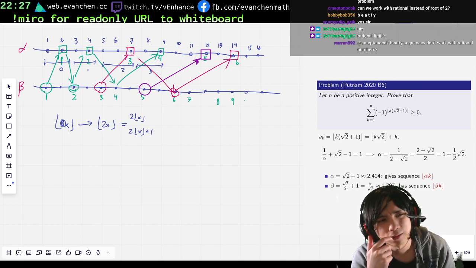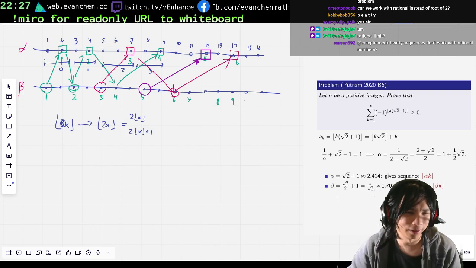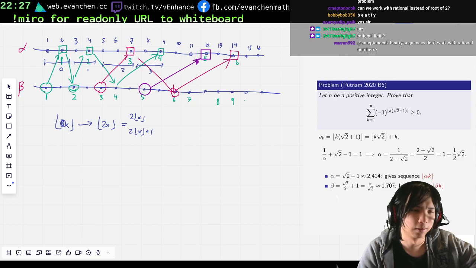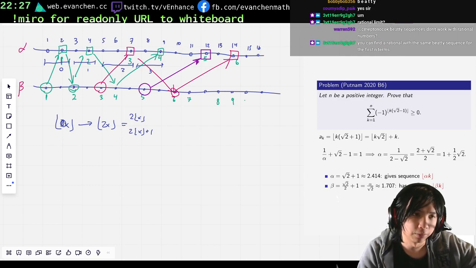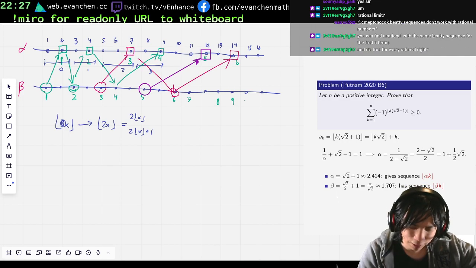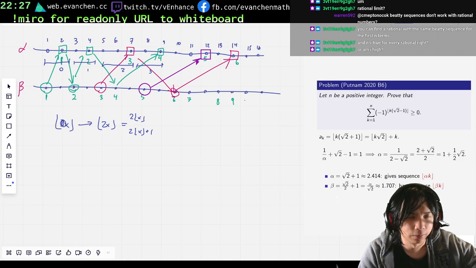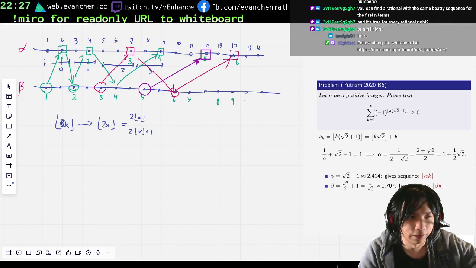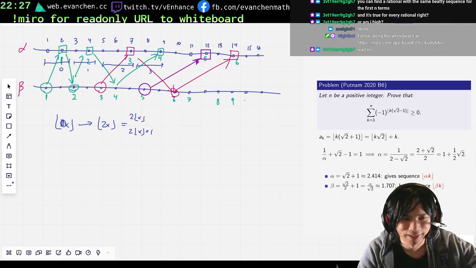There's a hope that we could do something silly, like try to approximate root 2 by a rational number that's close by. But I don't know how to do rational approximations of square root 2.